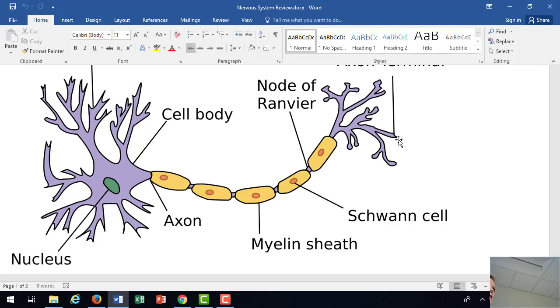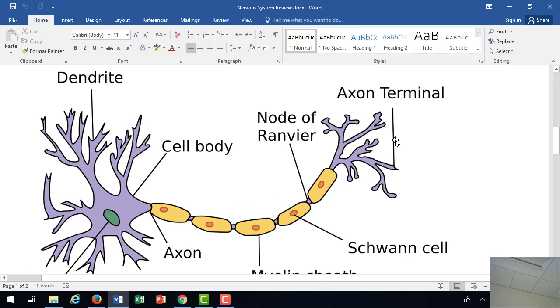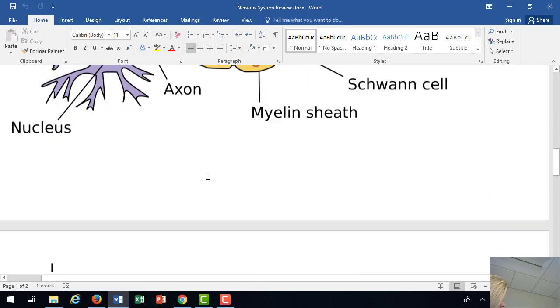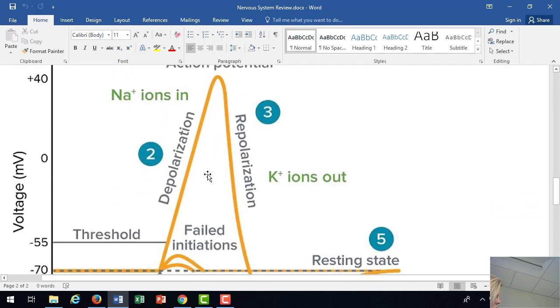Then it'll open up that channel, and sodium again will flow into the muscle cell because there's more sodium outside the cell than inside the cell. So that's just a little review of neurons and neuron anatomy. Then we'll talk about the action potential.